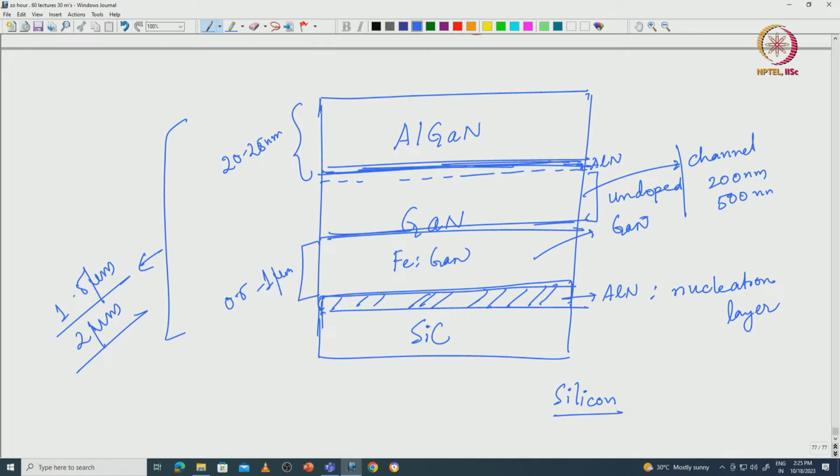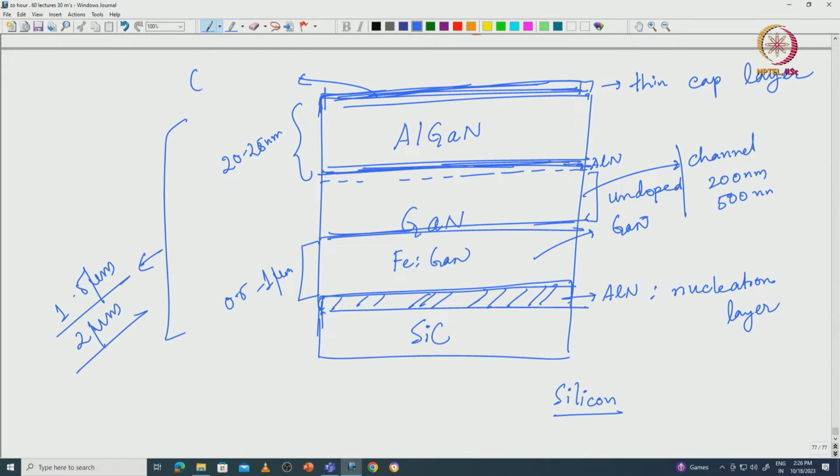And typically on top of AlGaN you can end the growth just here, but people usually put a very thin cap layer. The AlGaN layer, because it contains aluminum, the top layer could have more native oxides, and things like current collapse that we will discuss could be more, so you typically put a thin layer.